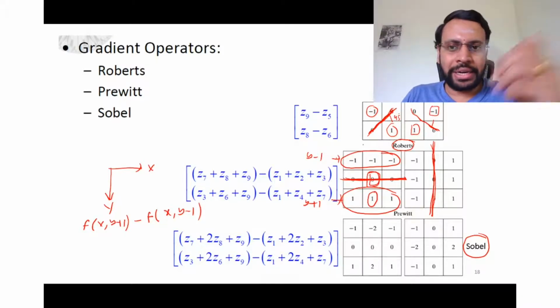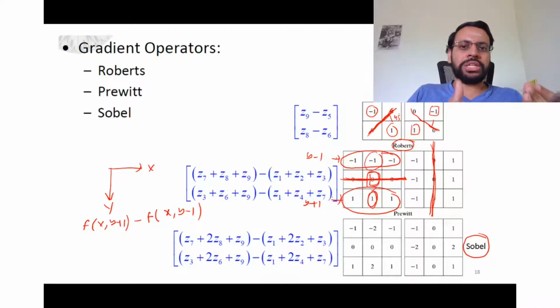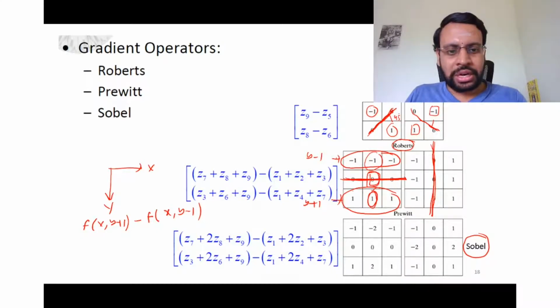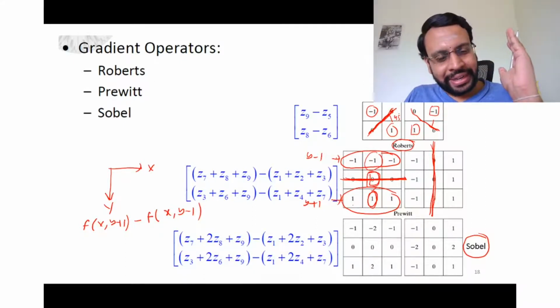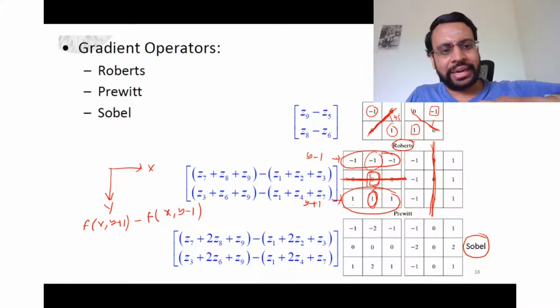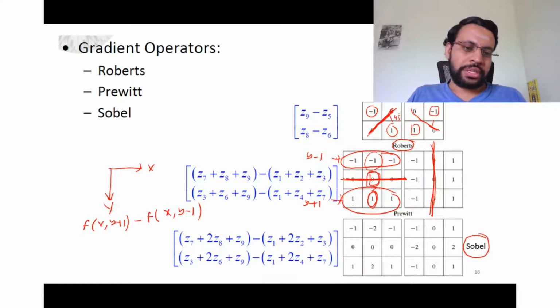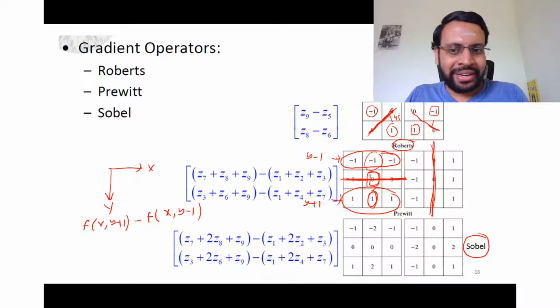Had it been the earlier definition of derivatives, there would be only these two values. Now in addition, you are taking a neighborhood as well, the next pixels also, there also you have -1 -1 -1 -1. Similar is the case for computing the vertical edge or horizontal gradient, in other words. This is as far as the Prewitt gradient operator is concerned.